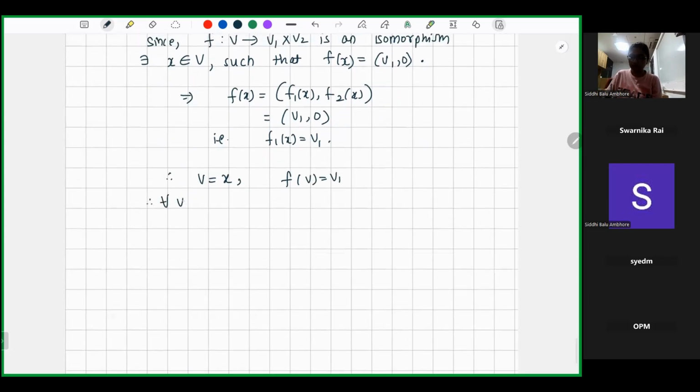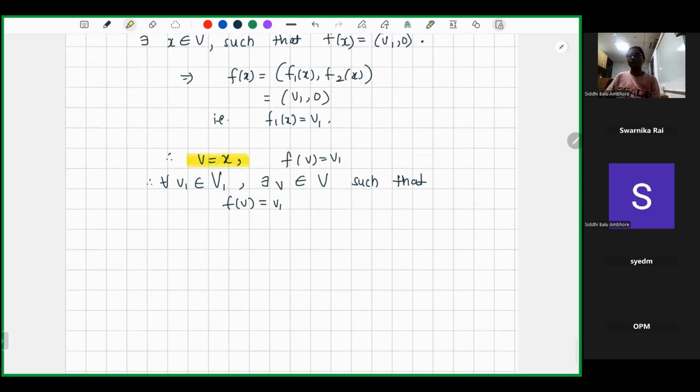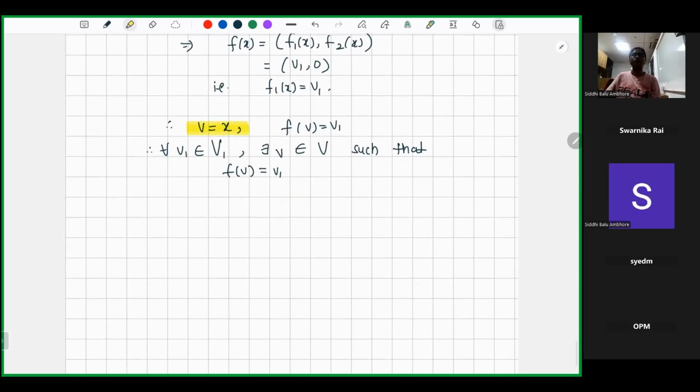Therefore for all v1 in V1, there exists x or v in V such that F1 of v is v1. Using the isomorphism of F, we obtain this element, such that F1 of v is v1. Is that okay?